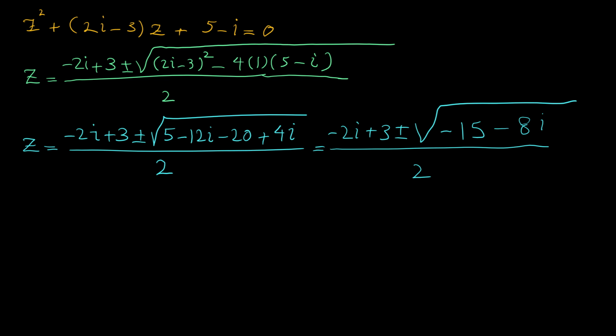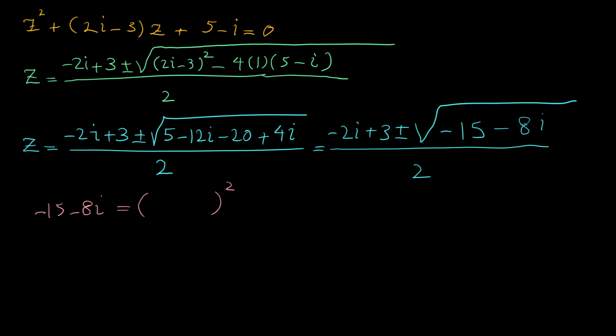But unfortunately, negative 15 minus 8i is not in the form of an expression to the power of 2. So I am thinking of an idea. If we can write negative 15 minus 8i in the form of something to the power of 2, then we can simplify this radical.